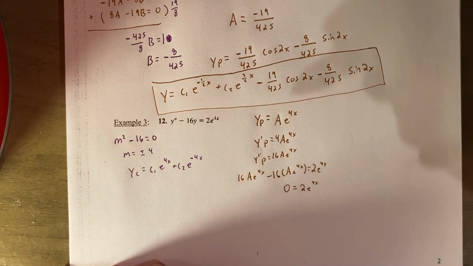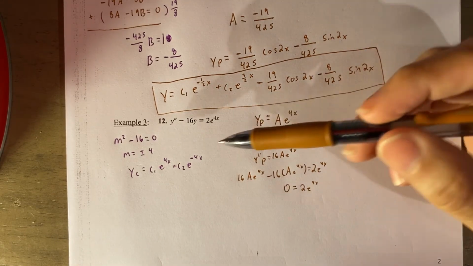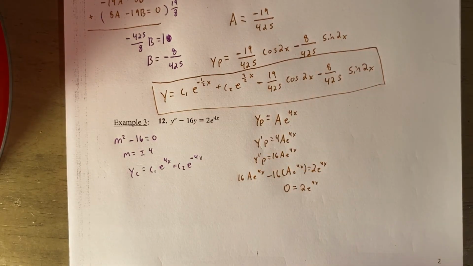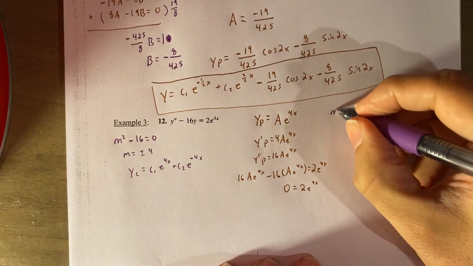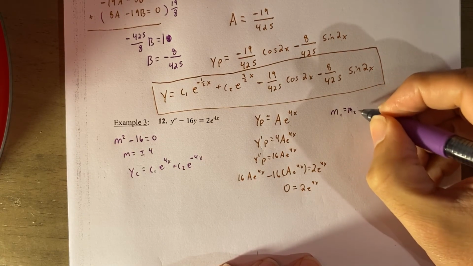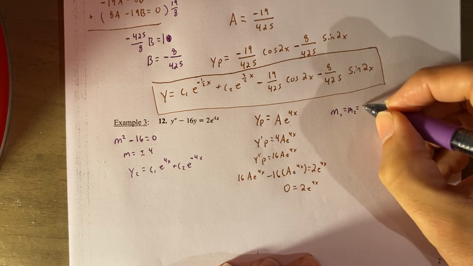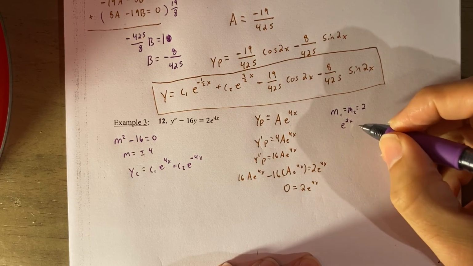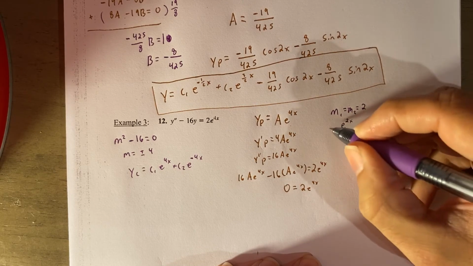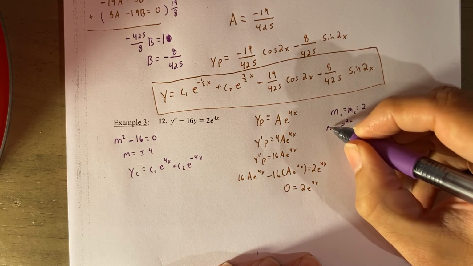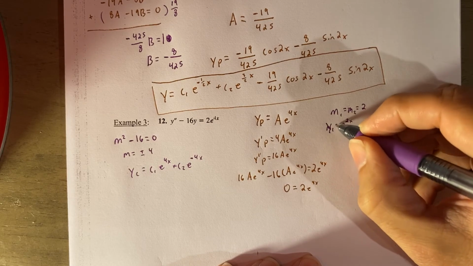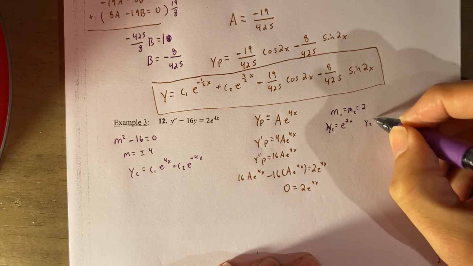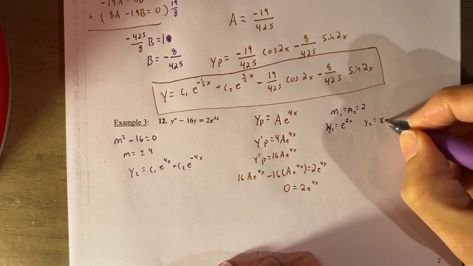Now, why is that? Well, the reason is because we already have that solution, and if you remember back in the last section when we got the same m twice, where m sub 1 equaled m sub 2, say they both equal 2, then instead of saying y sub 1 is e to the 2x and y sub 2 is the same, our y sub 2 would be x e to the 2x.